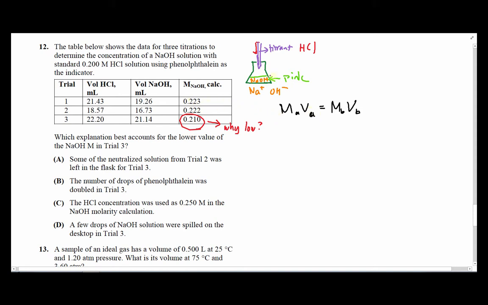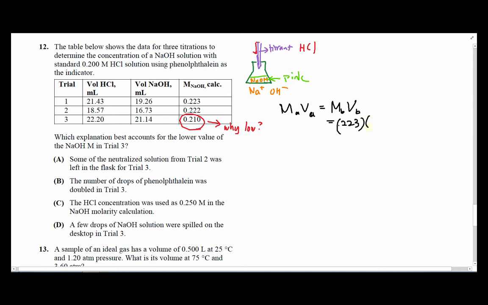Theoretically, we know the concentration of sodium hydroxide is 0.223, and let's say what's supposed to be our titrant volume, and our volume of sodium hydroxide, let's say we initially measured this accurately and say this was correct.